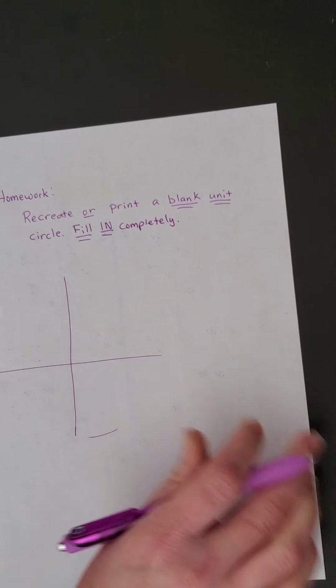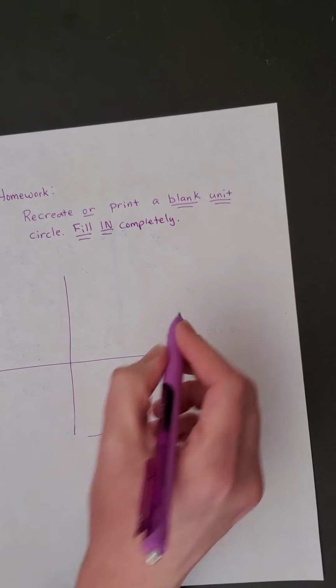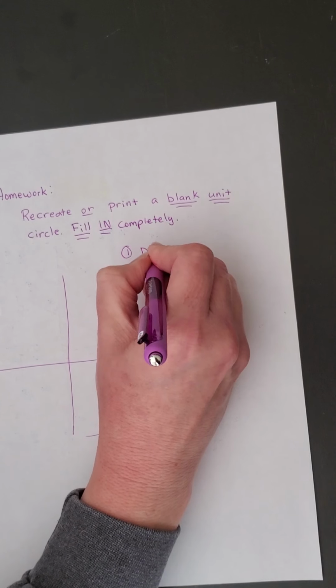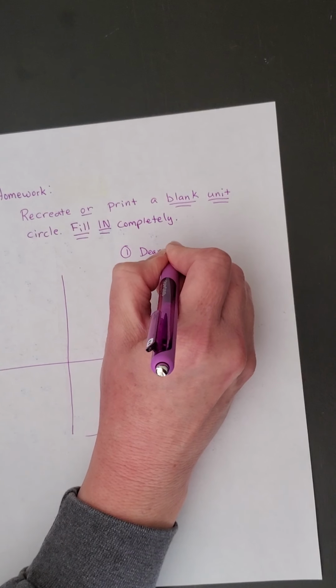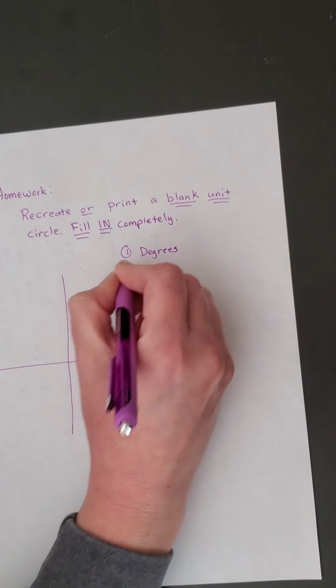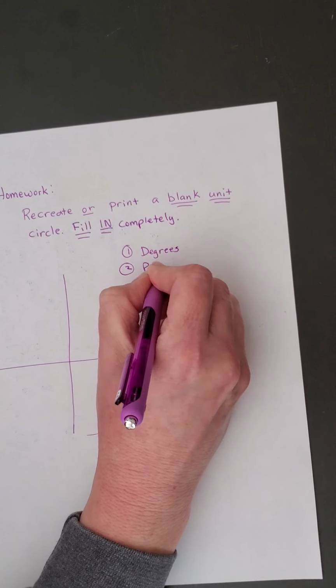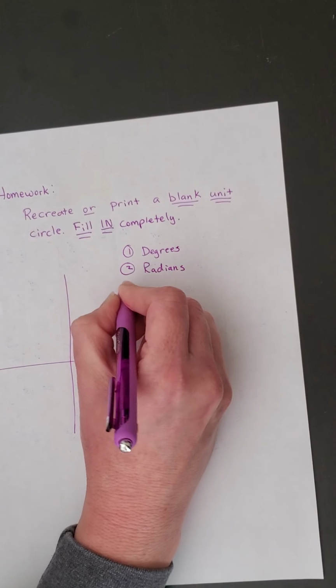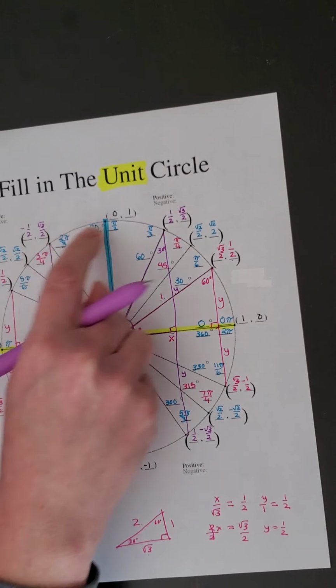So you should have degrees, radians. You should also have your X and Y coordinates.